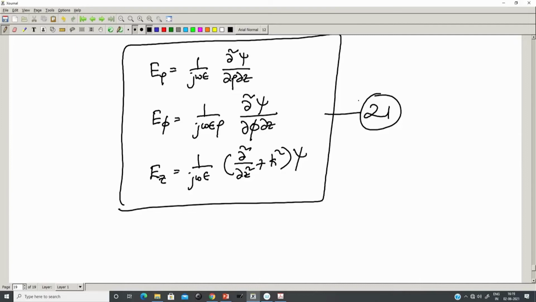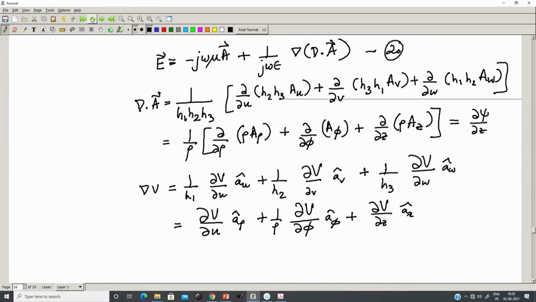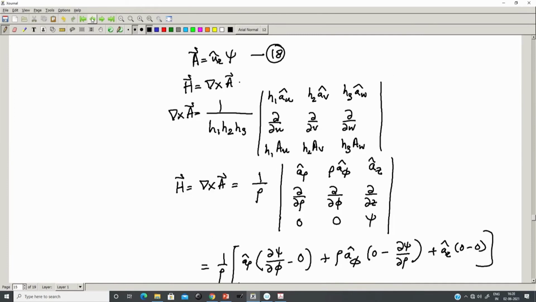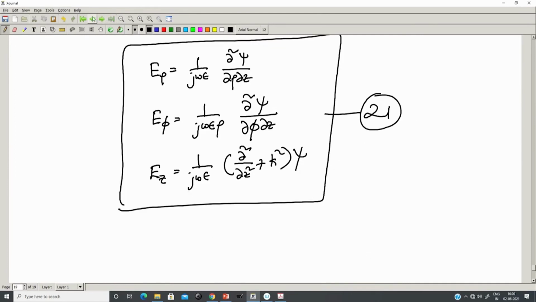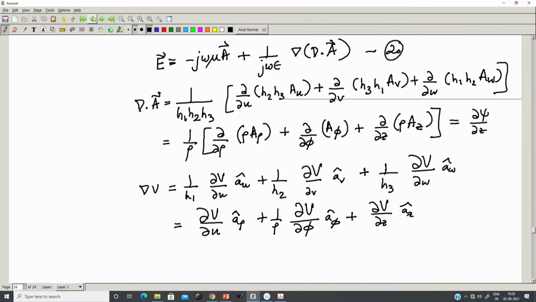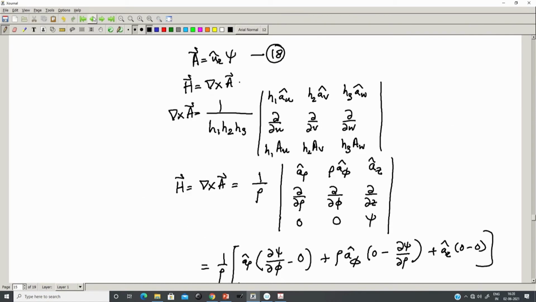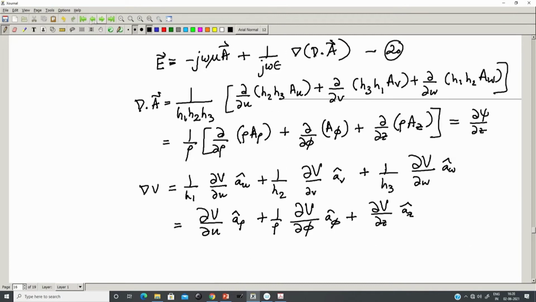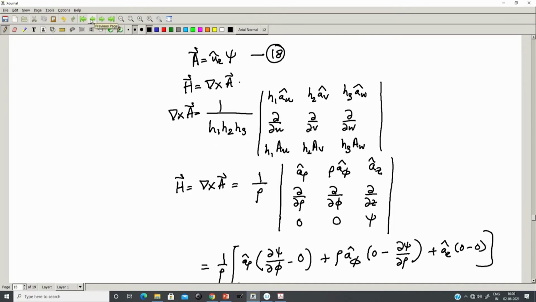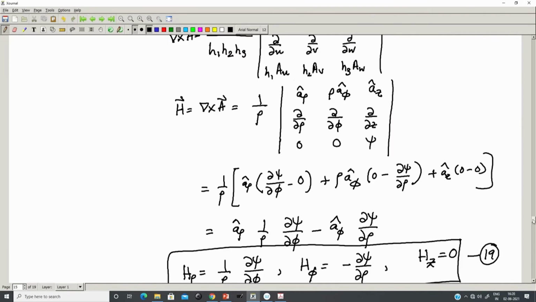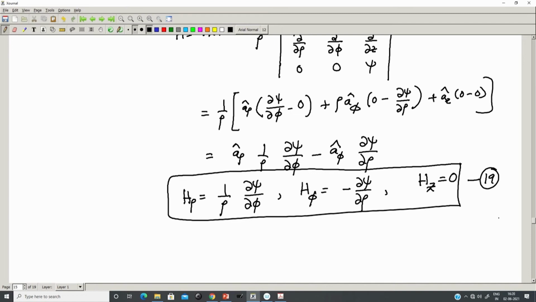Why is the mode TM to Z? Because back from equation number 19 we see that the Z directed magnetic field is 0.